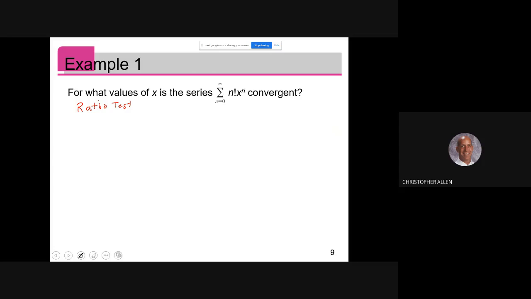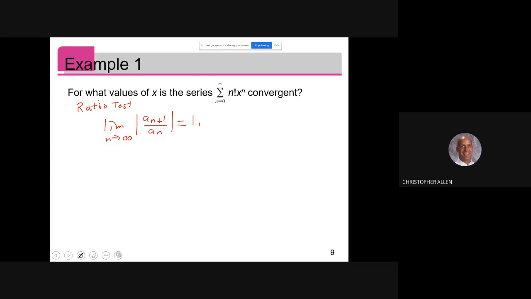In other words, we're going to look at the limit as n goes to infinity of the absolute value of a sub n plus 1 over a sub n. Hopefully you're familiar with that. That's what you have a test on tomorrow.